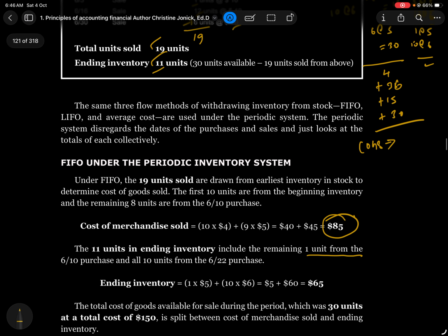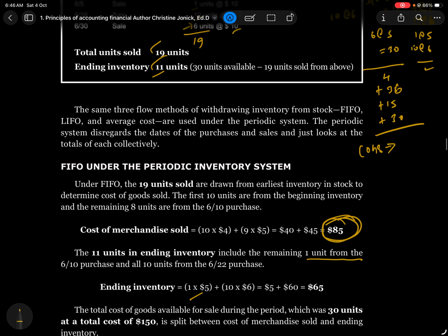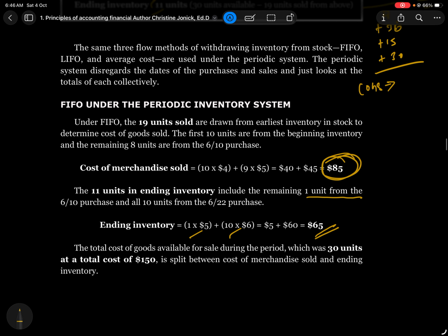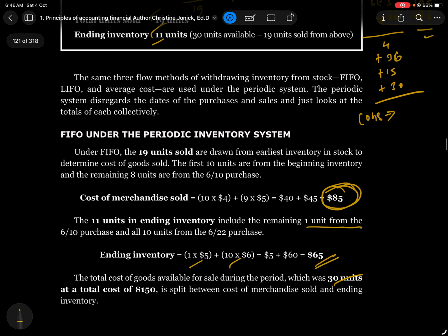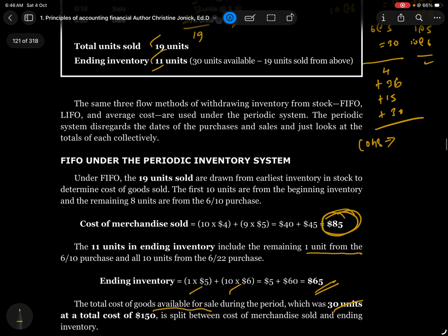Okay. So when 85 is there, of course, in terms of ending inventory, it would be what? As I told, 1 into $5, 10 into $6. So $65 is our ending inventory, right? So how many was sold during the period? It was 30 units, right? I mean goods available for sale, not sold, but available for sale.